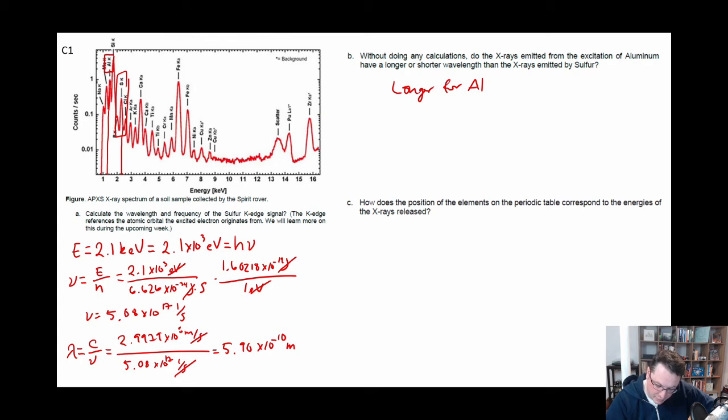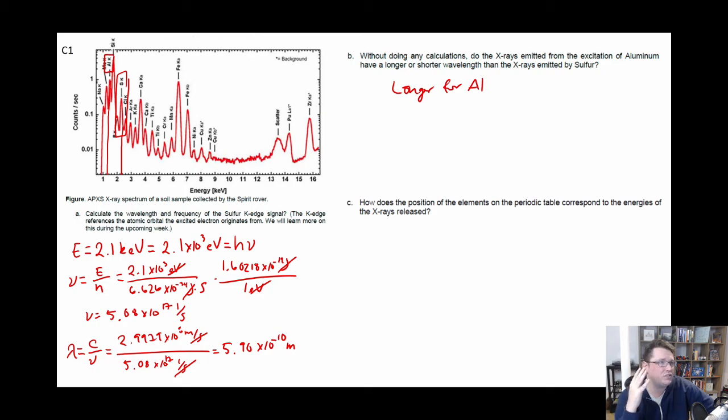How does the position of the elements on the periodic table correspond to the energies of the X-rays released? If we look, we can see sodium, magnesium, aluminum, silicon, phosphorus, sulfur, chlorine. Well, phosphorus is before the sulfur. Just looking at it, it matches the order of the elements on the periodic table. As you move across a row, the energies of the K edge excitations all relate to their position on the periodic table.